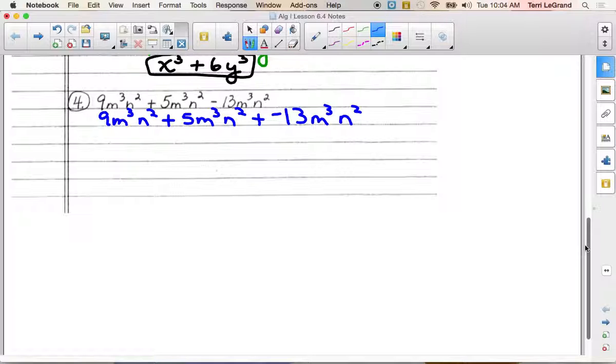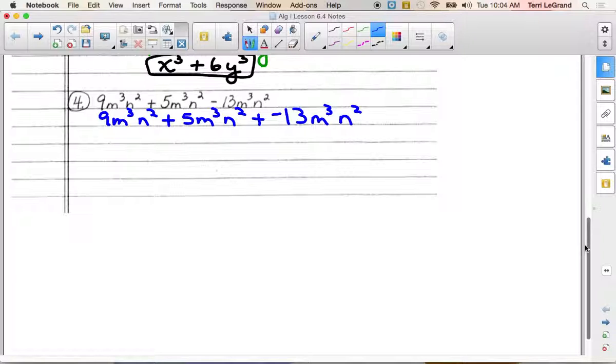Jacob? The value in the exponent. The value of the exponent, that's part of it. We talked about this yesterday. What did we say about the variable parts of monomials and like terms? Why have we been putting, like in that previous one, the x cubes together and the y cubes together?